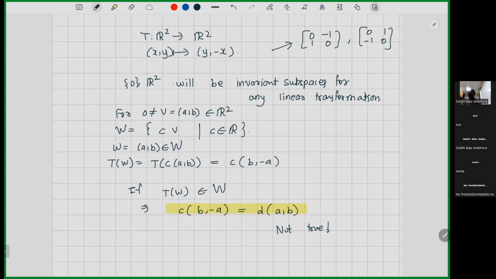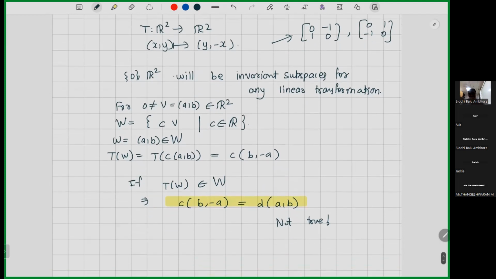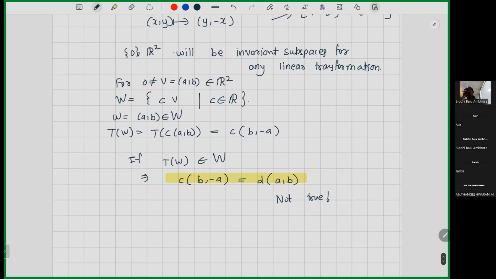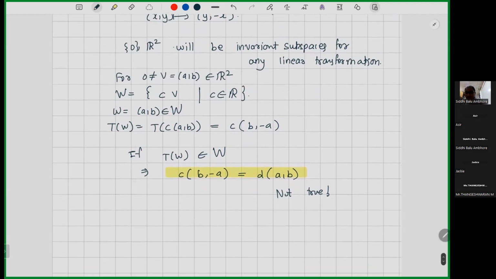At least one real root will serve as an eigenvalue. So odd dimension gives proper invariant subspaces.